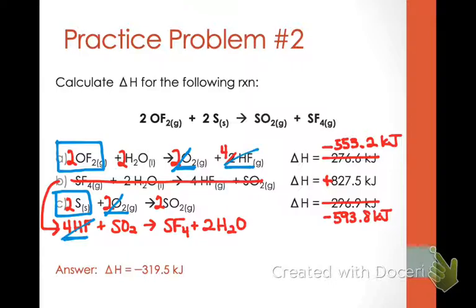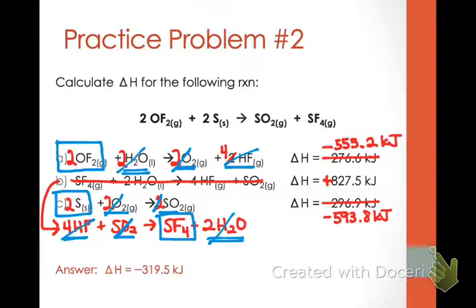That makes sense because that's not anywhere in the overall reaction. Here I have an SO2, and here I have 2 SO2s. So I can get rid of this one, and I can cross off that 2 and be left with 1, and that makes sense because I have 1 in the overall reaction as a product. The SF4, there's nothing to get rid of that, and I need that anyway. And I have 2 H2Os as a product here, 2 H2Os as a reactant here, so I can cross those off, and water is nowhere in that reaction either.